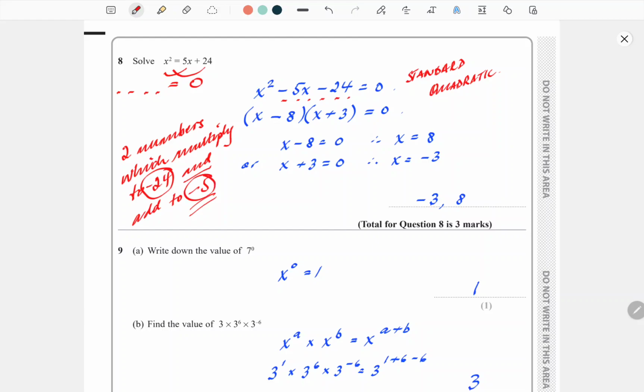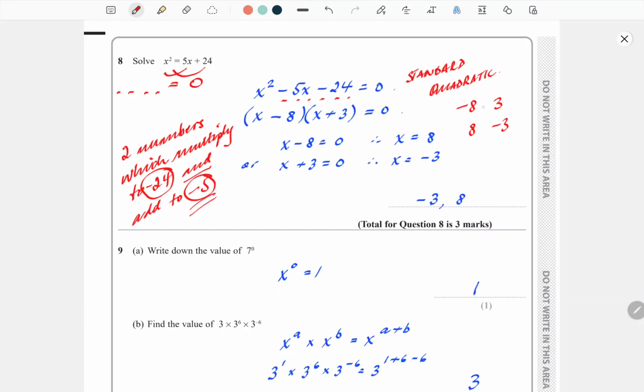And what you have is a choice of minus 8, 3, or you could initially think that it might have been 8 and minus 3. Both of those combinations will multiply to minus 24.